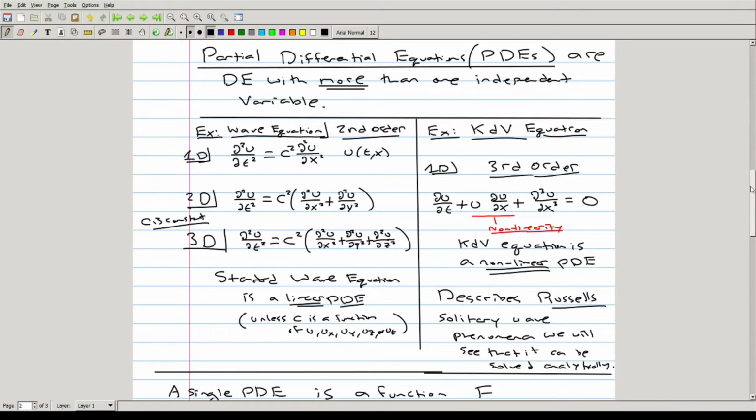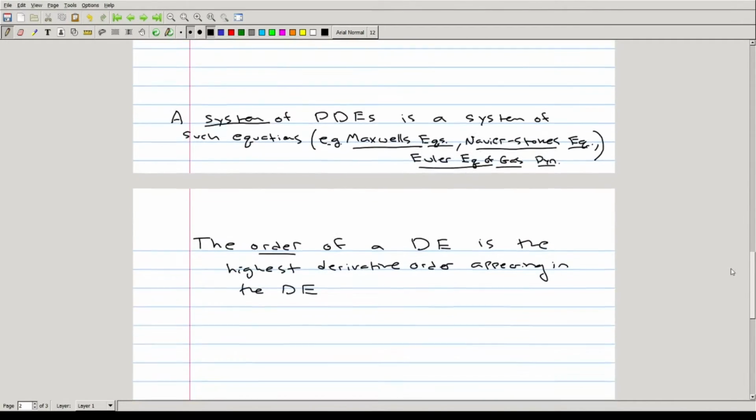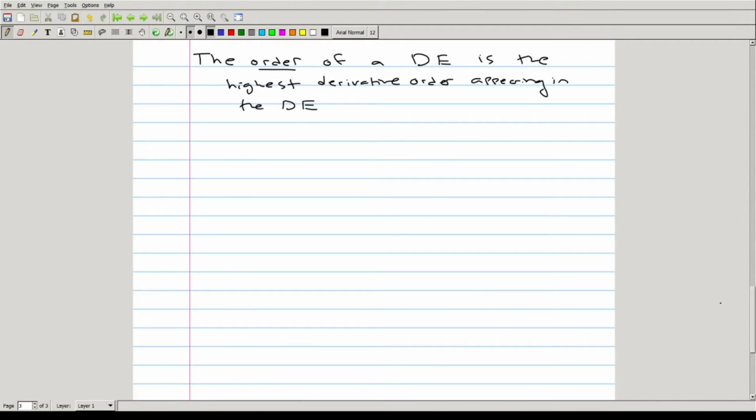So we will touch on PDEs in this course a little bit, but the course is really focused on developing models for ODEs and systems of ODEs and applying those results to real-world modeling problems.